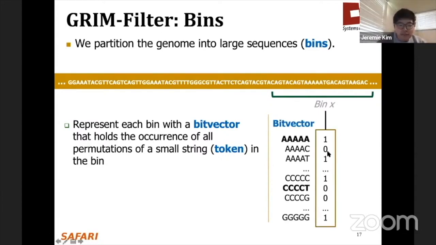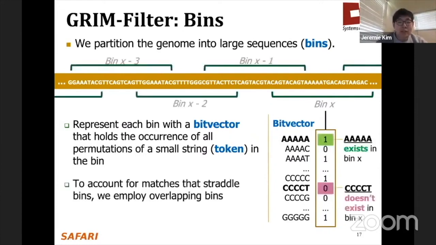So here, in this particular bin, this bit vector indicates that there is a small token of 5 A's here, but then there is no occurrence of 4 A's and then a C here, based on the 1 and 0 values of this particular bin.